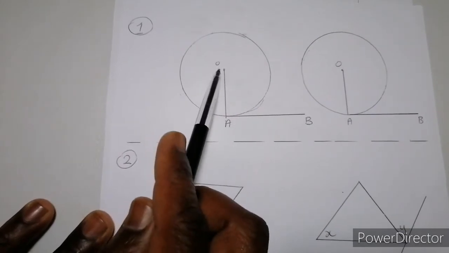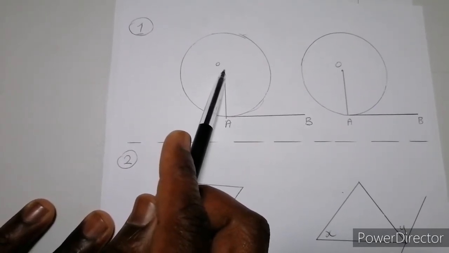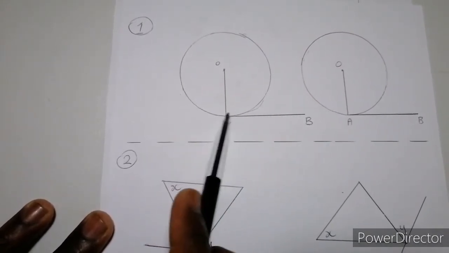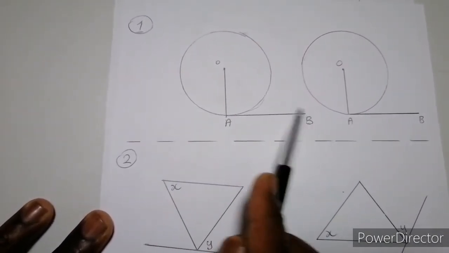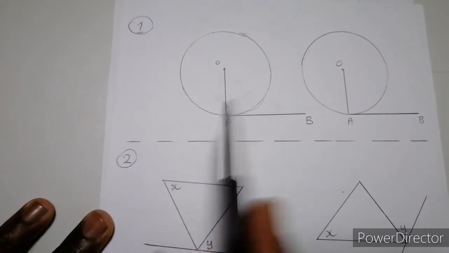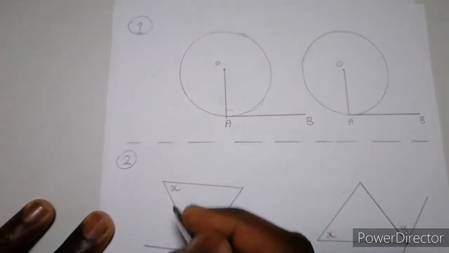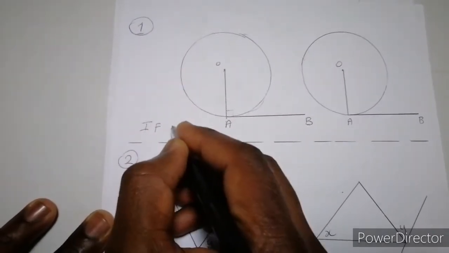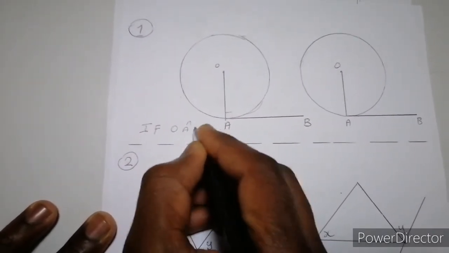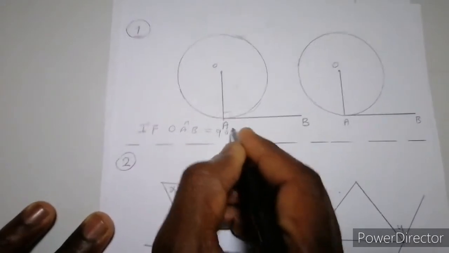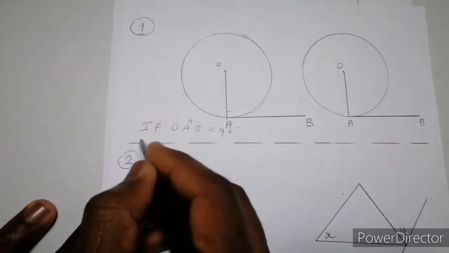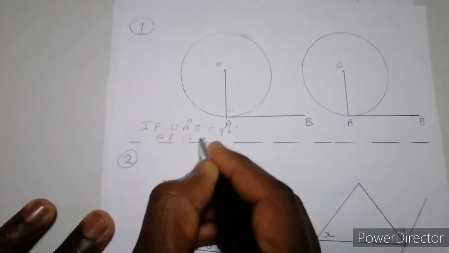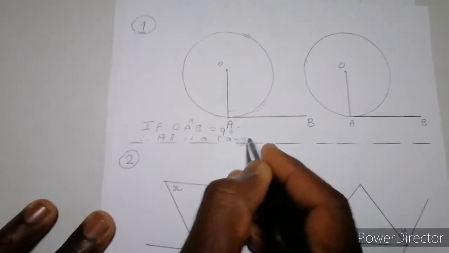If a line is drawn from the center of a circle and then in contact with another line, a radius in connection with another line, then they form 90. If angle OAB is 90, then we can conclude by saying, therefore, AB is a tangent.